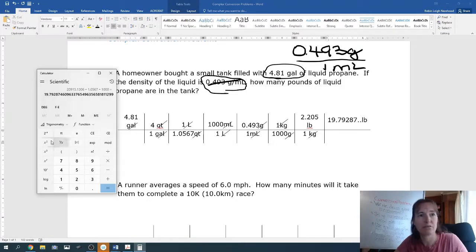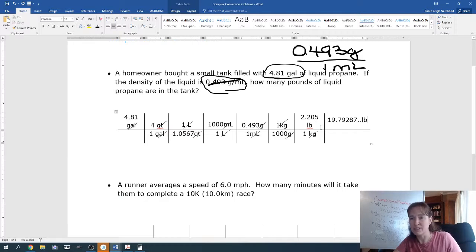Let's make sure I wrote that down right. 19.79287 pounds.